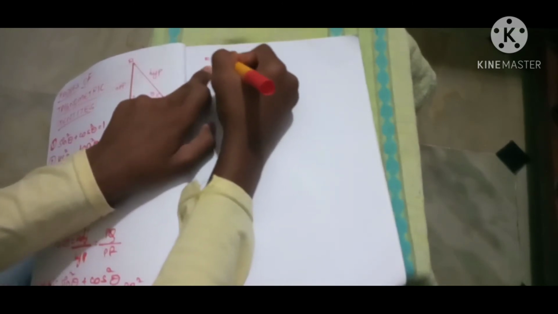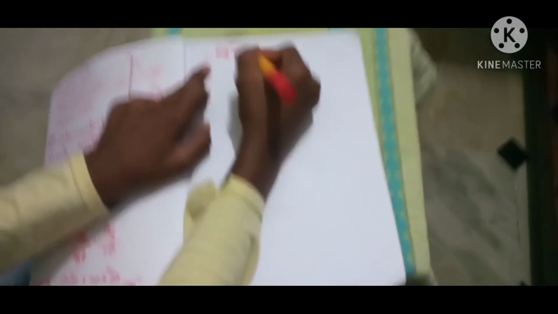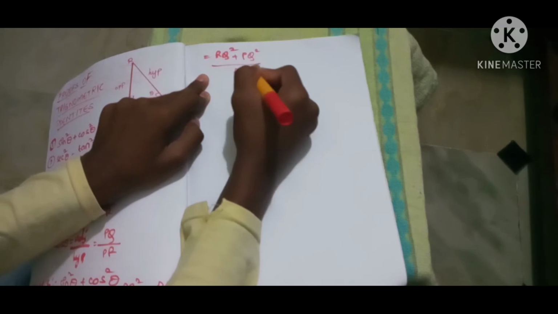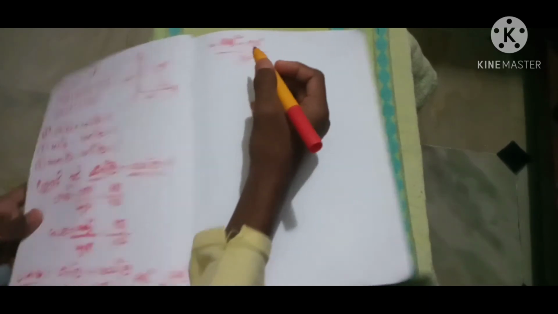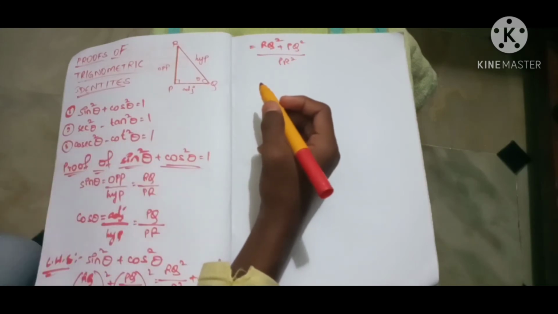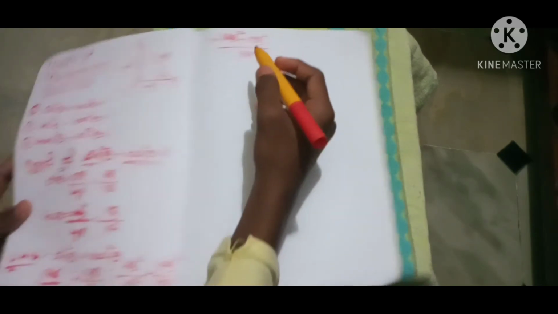RQ square plus PQ square by PR square. Since you know the Pythagoras theorem, hypotenuse square is equal to opposite square plus adjacent square, then we can do this.